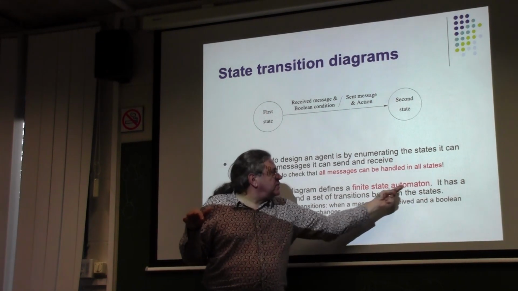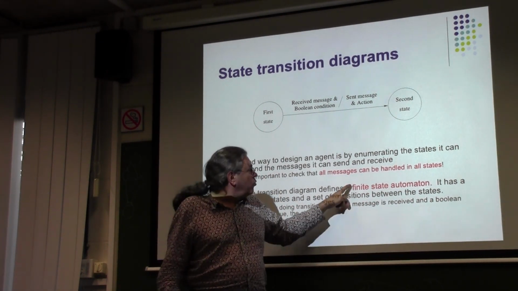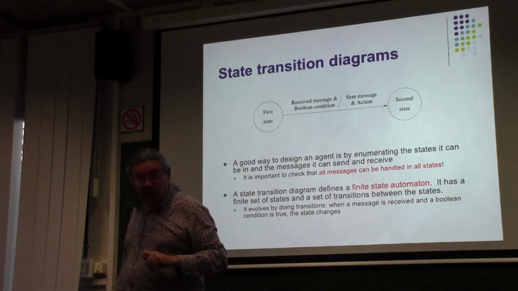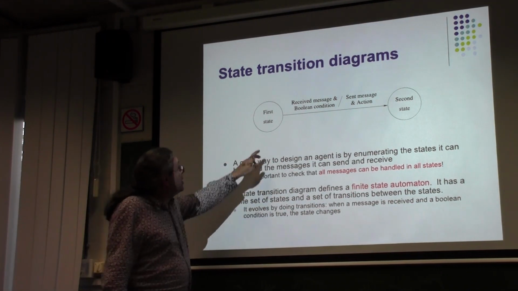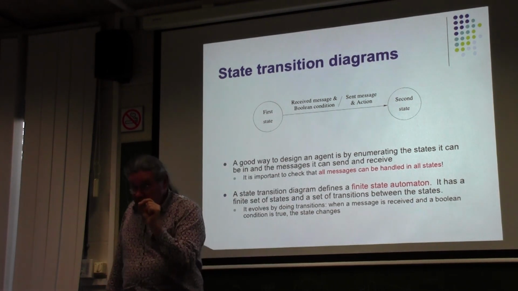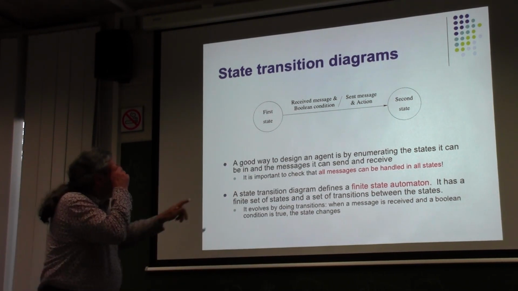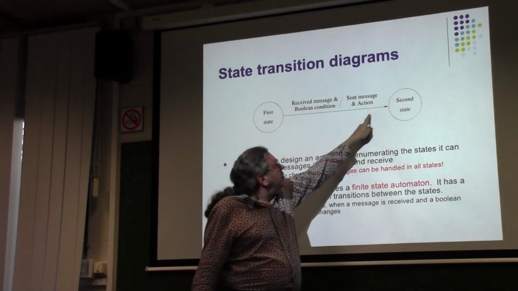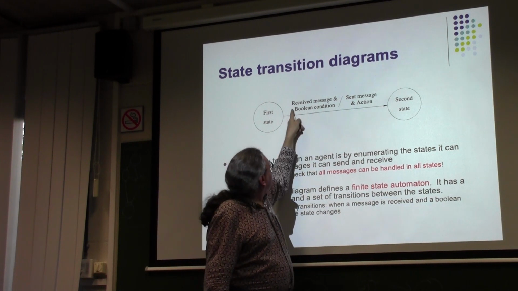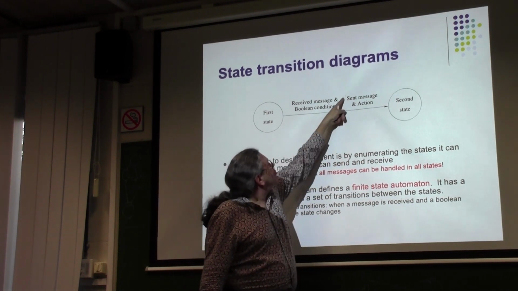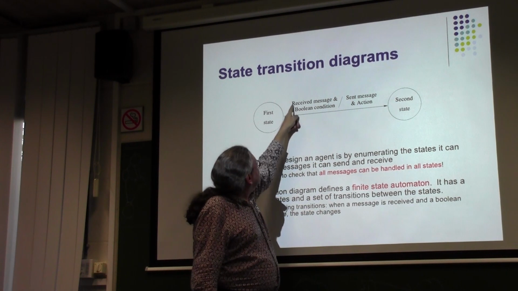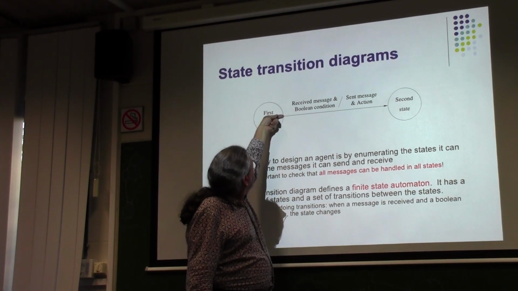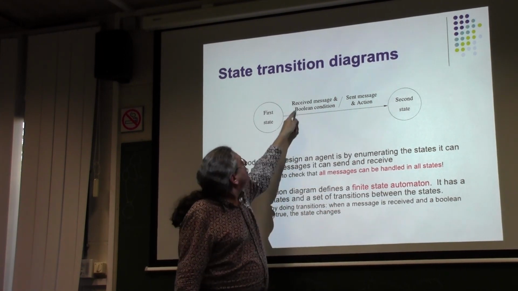This is a very widely used idea. It's called a finite state automaton. But the notation I give you here is going to be really good for multi-agent systems. When I'm in the first state, I have this arrow, and I have something written on the arrow with a slash. I receive a message, and that causes the transition. I can also add a Boolean condition.